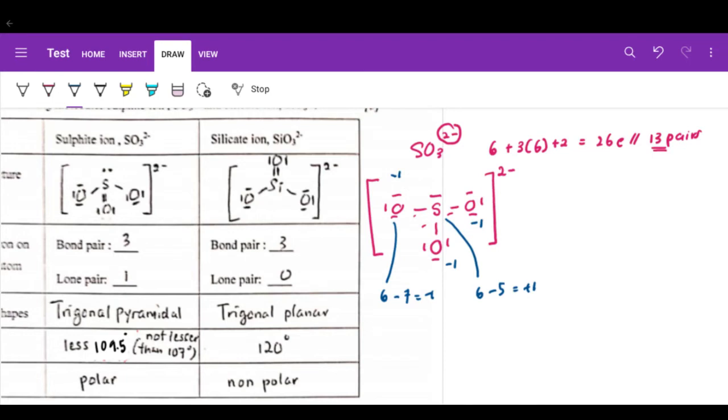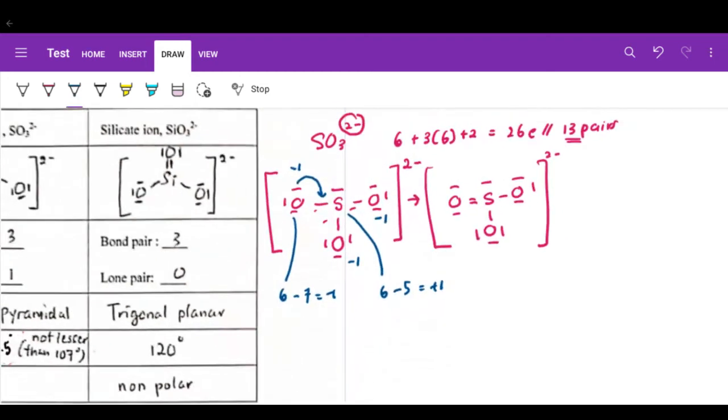So to become stable, it must donate one pair to the central atom. So the actual structure is like this. Sulfur, with 2 negative. So let's calculate what its formal charge is. For this one it will be 6 minus 2, 4, 5, 6. Okay, now here it is 0. These are still negative 1, negative 1. For the central atom, 6 minus 2, 3, 4, 5, 6.